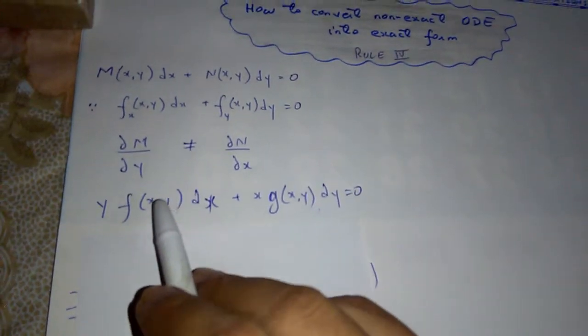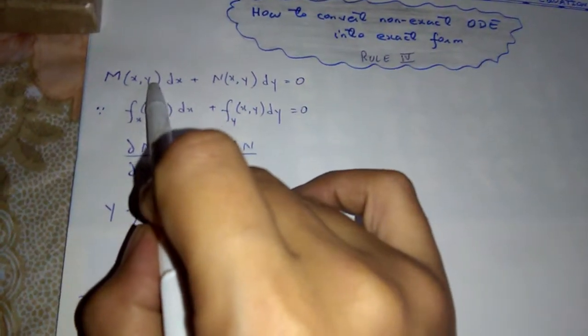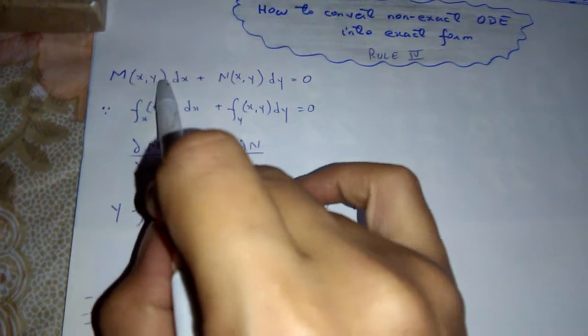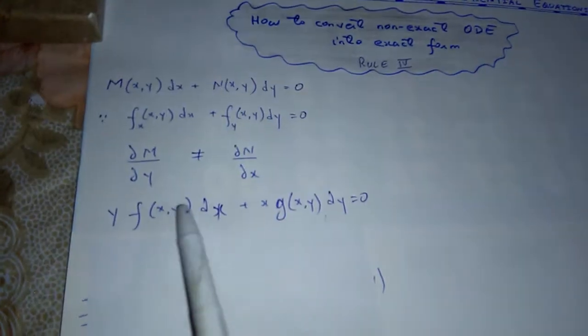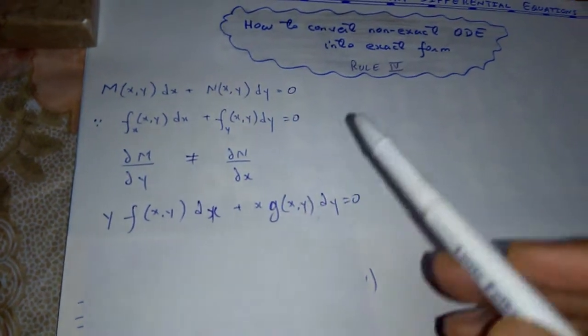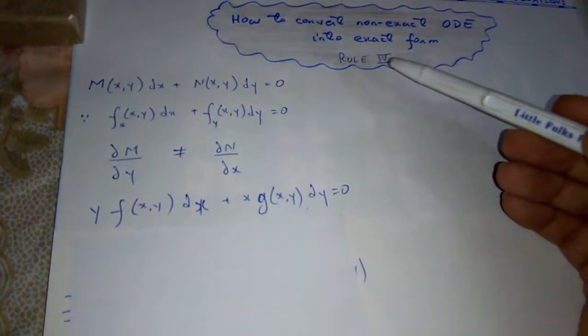Just think that if I am able to take y common from this function and x common from this function, then this condition is satisfied. In that case we apply rule 4, otherwise not.